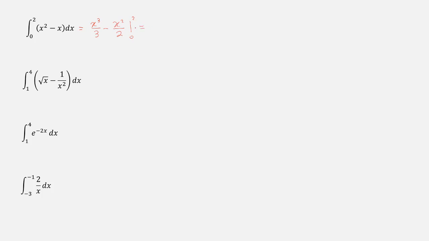First we substitute with 2: 2 cubed over 3 minus 2 squared over 2, and then we substitute with the lower limit 0, minus 0 cubed over 3 minus 0 squared over 2.